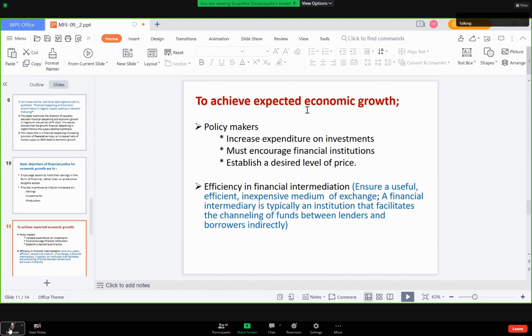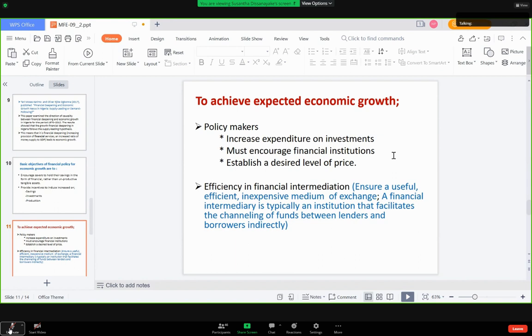We need to manage expenditures efficiently and effectively. Must encourage financial institutions and a desired level of price. So here, why should policymakers encourage financial institutions? Because financial institutions play a crucial role in the economy. In most governments, budget deficits are offset in two ways, internationally and locally, especially in developing countries.